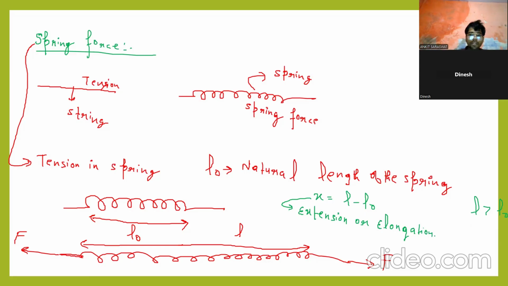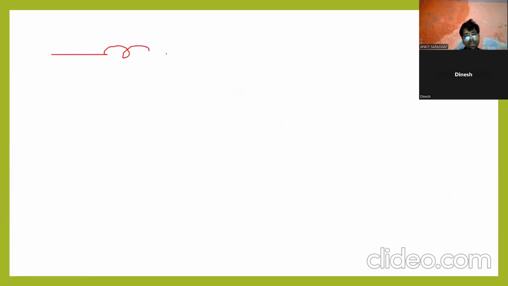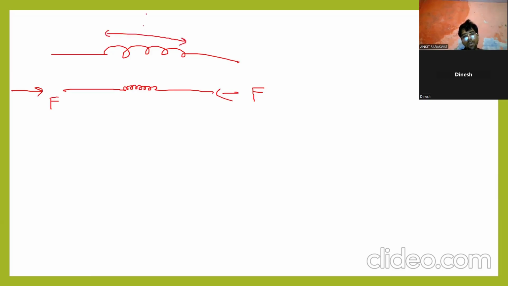No, sir. If I apply the force like this on a string, it will be like this. Then you can check: initial length is L naught, final length is L. Then how much?